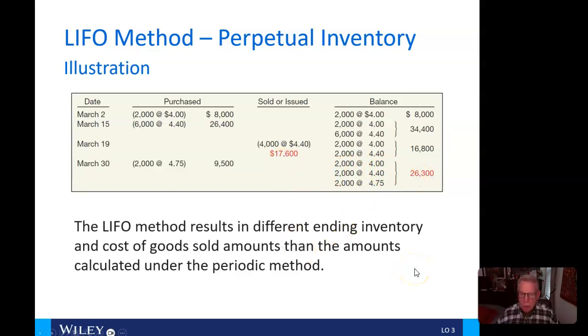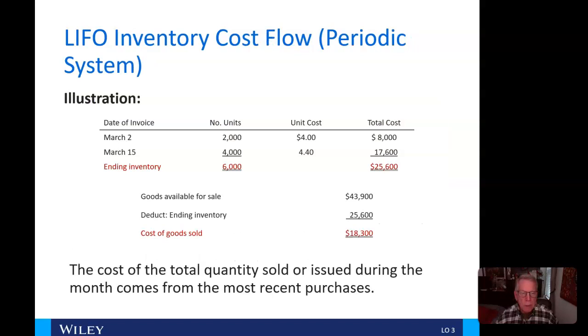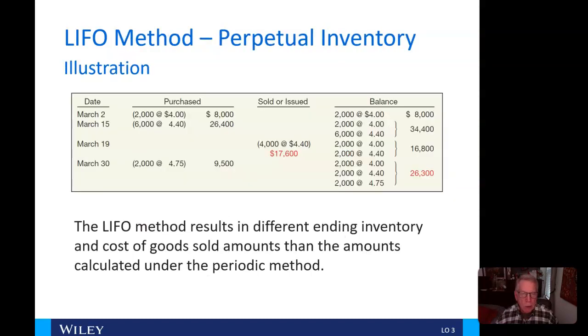The LIFO method is going to result in a different ending inventory and cost of goods sold than the amounts calculated under the periodic method. As you see, there's the periodic method, and there is the perpetual inventory method.